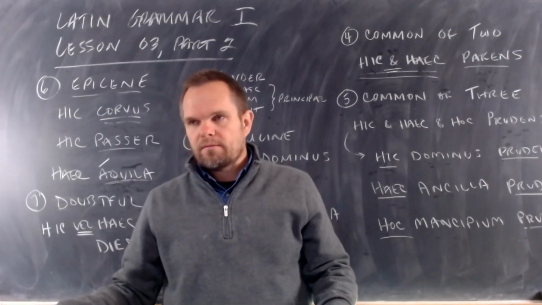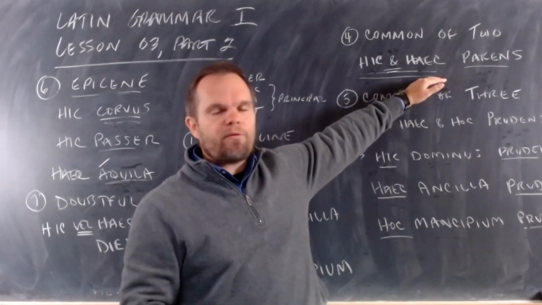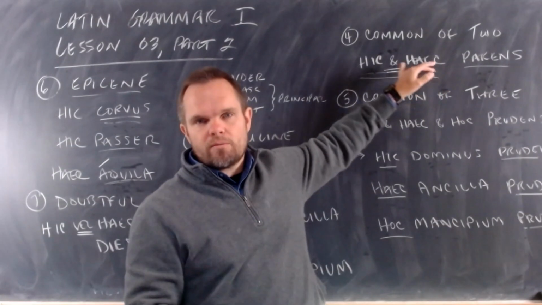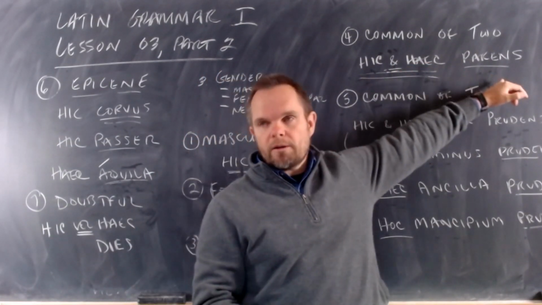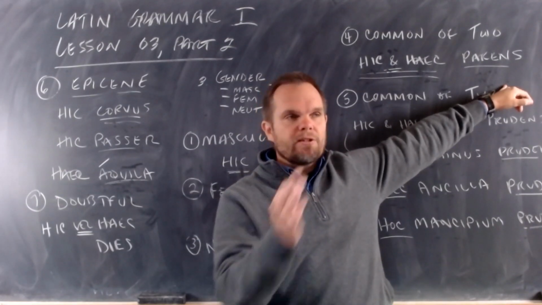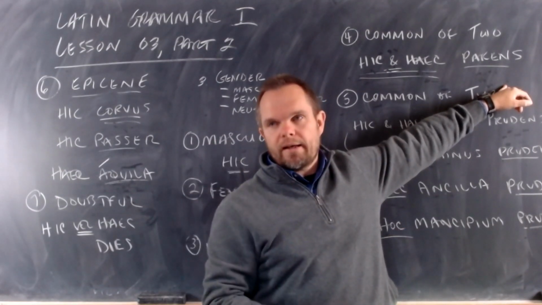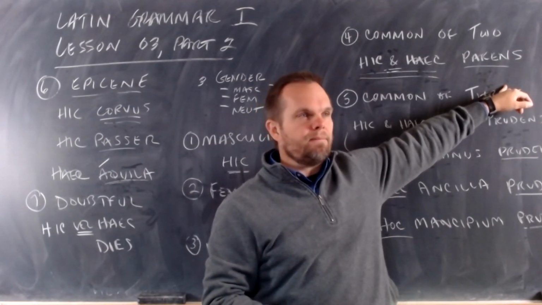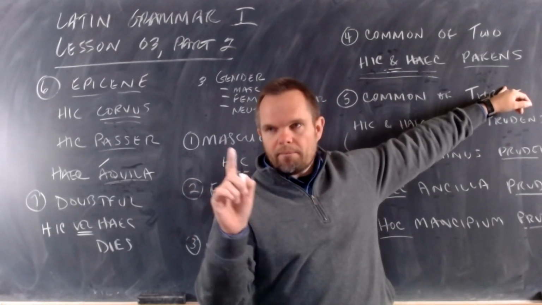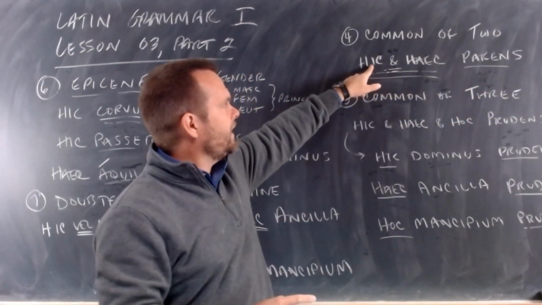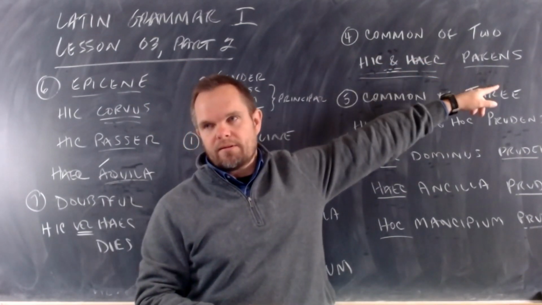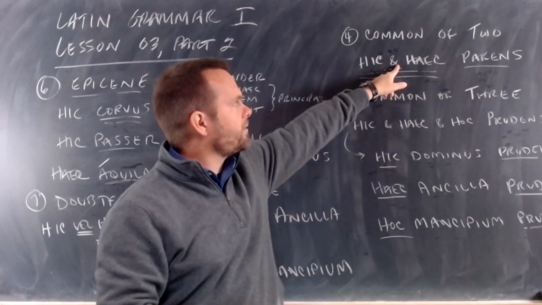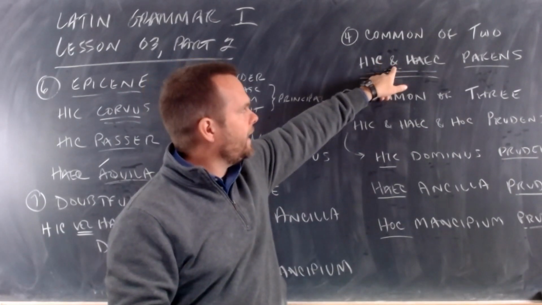Parens, parent. So we're not confused about what the Romans meant when they used these different pronouns, because the word parens has a meaning that can be both masculine and feminine. Do you understand that? The way we mark that is we say hic et haec parens.